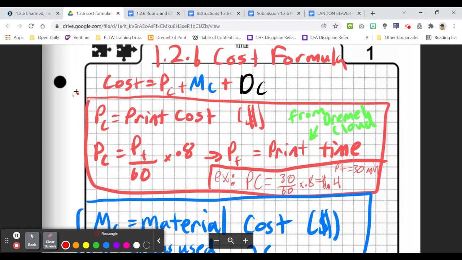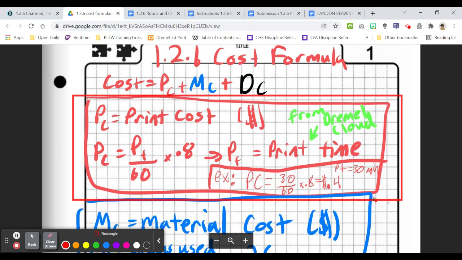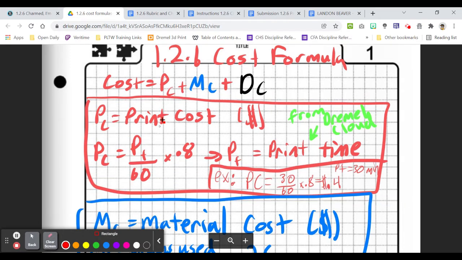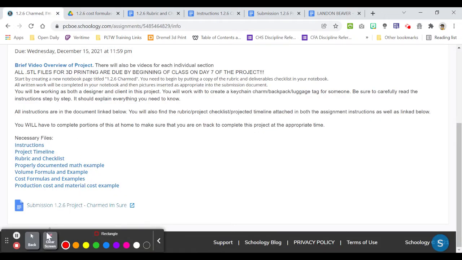So starting with the print cost. The print cost is ultimately equal to the print time divided by 60 times 0.8. Now, if you want a more detailed breakdown of where we get that, look at the production cost and material cost examples right here.